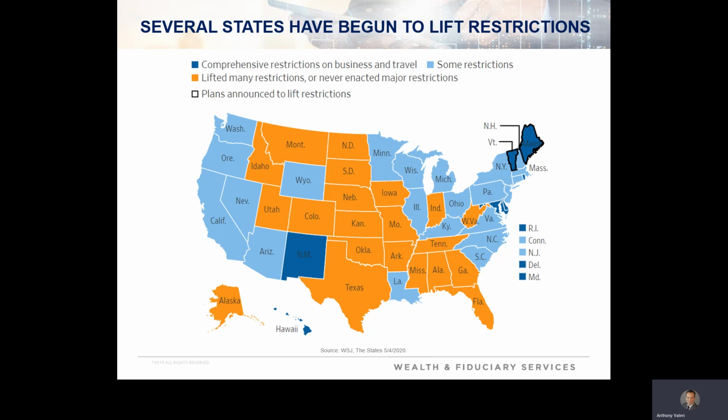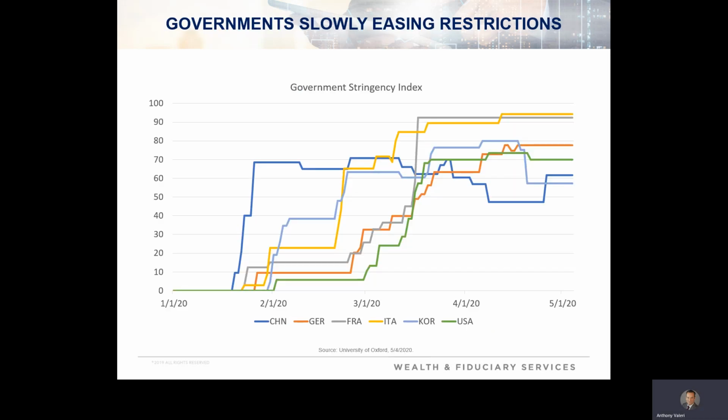You can see the number of states that have yet to ease restrictions but have talked about it. So we'll be watching this closely in coming weeks to gauge just how much activity picks up off of that bottom. Another way to measure progress on easing restrictions is the University of Oxford's government stringency index, and this is for all countries across the globe.